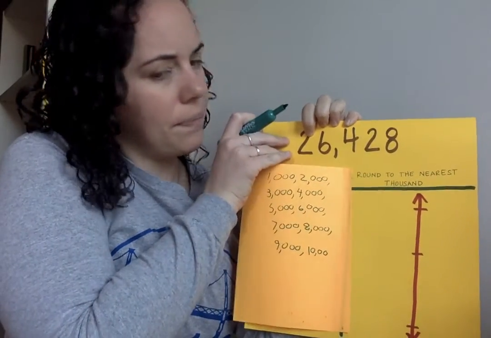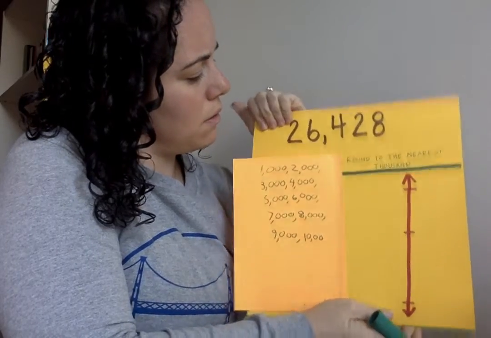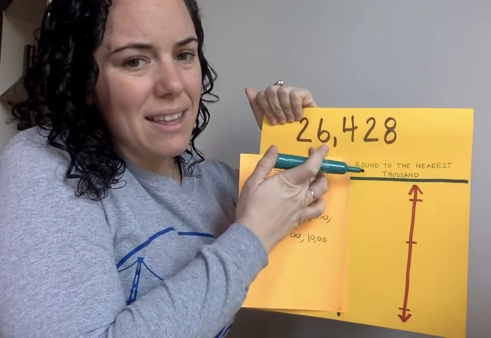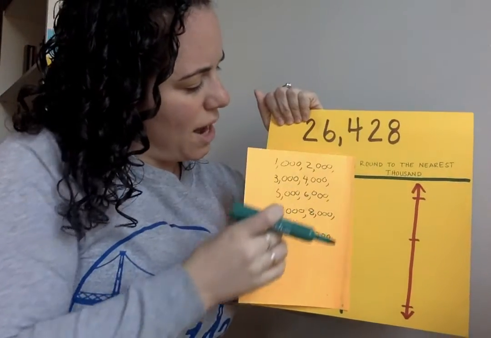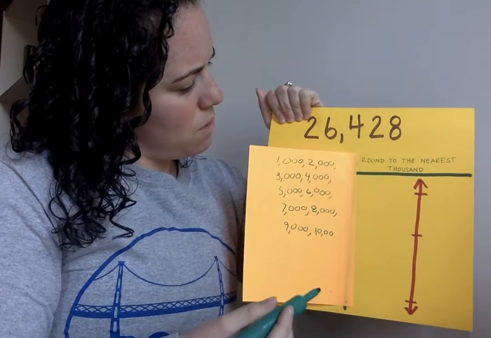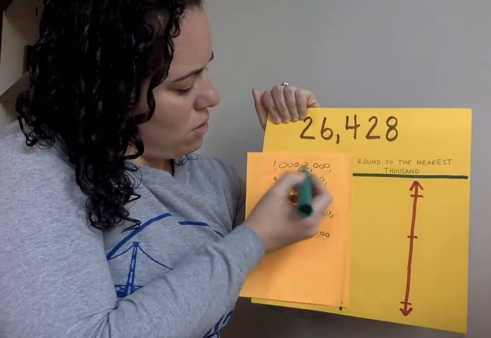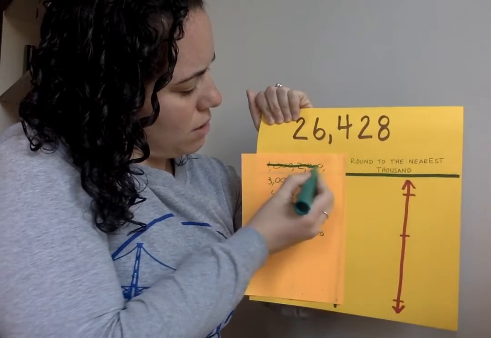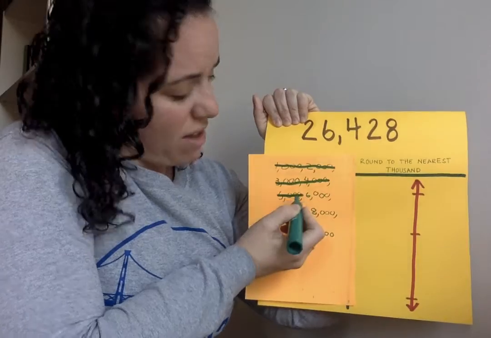Now here I see that there are 6 thousands in 26,428. So I don't think it can be between 1,000, 2,000, 3,000, 4,000, or 5,000.